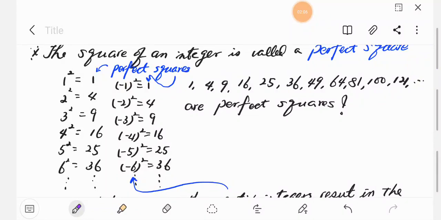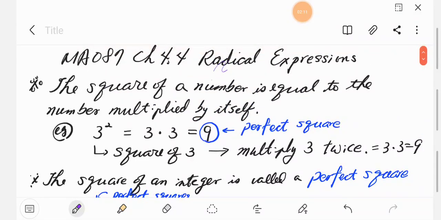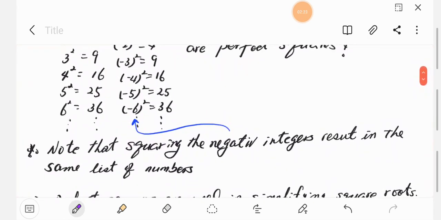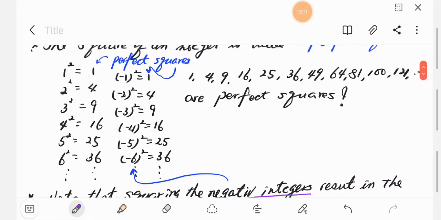So why are we learning perfect squares? Because we're going to use them in radical expressions. When you simplify a radical expression, we need a number that is a perfect square. Also note that squaring negative integers results in the same list of perfect squares.